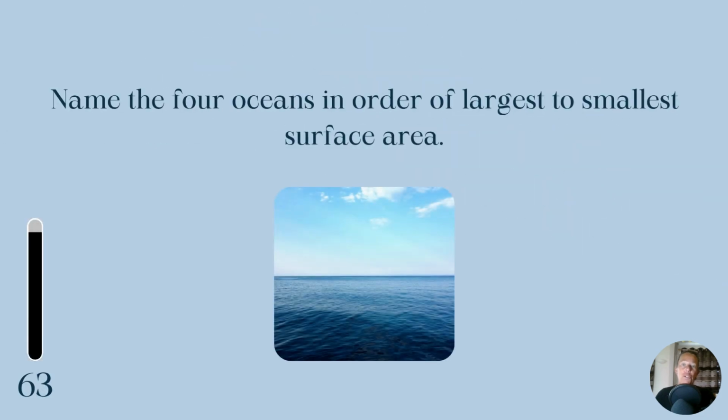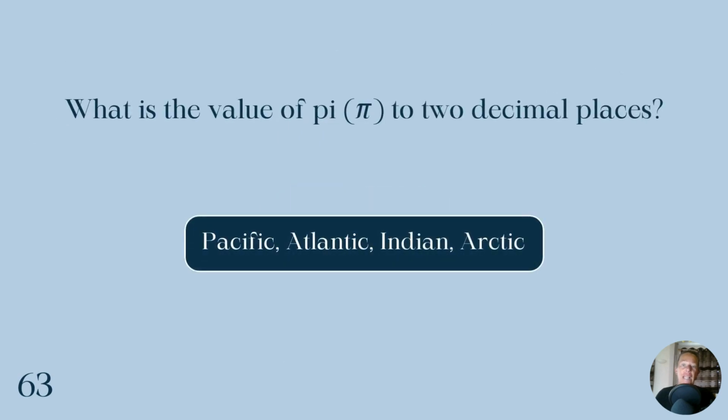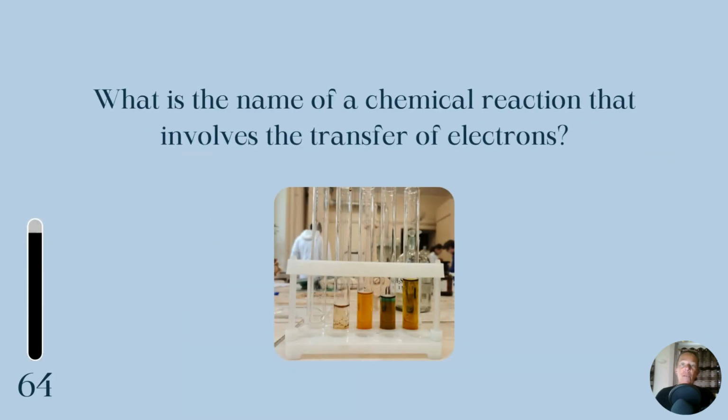Name the 4 oceans in order of largest to smallest surface area. Pacific, Atlantic, Indian, Arctic. What is the name of a chemical reaction that involves the transfer of electrons?